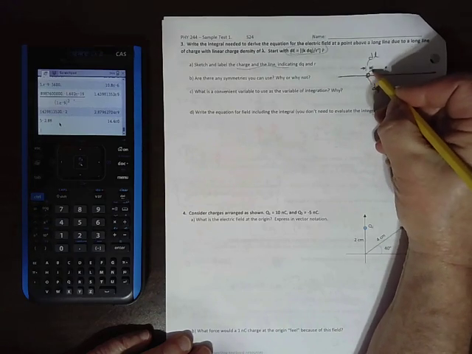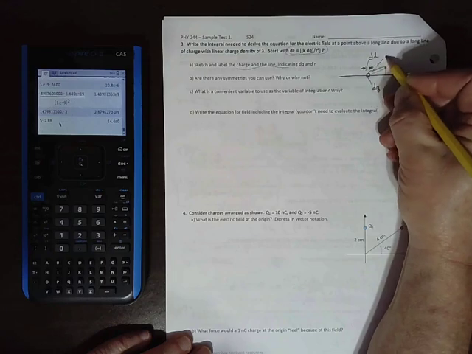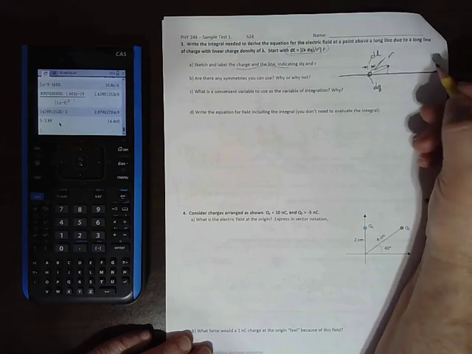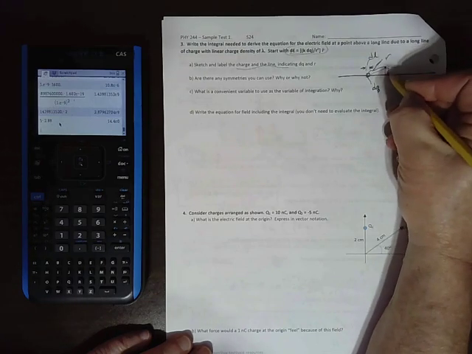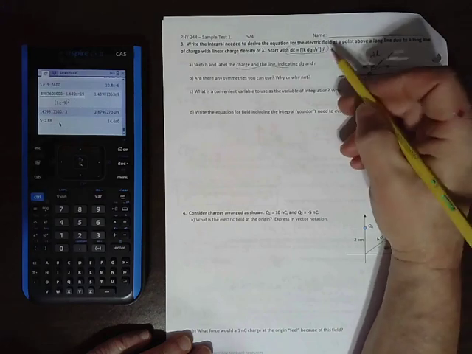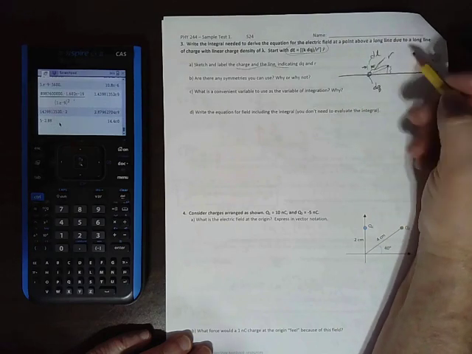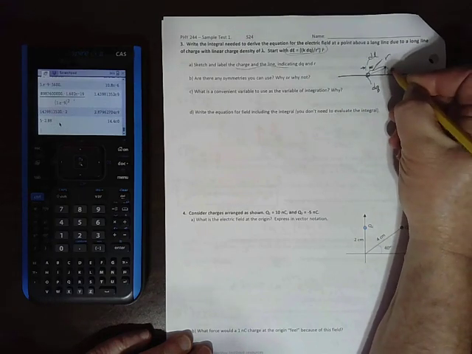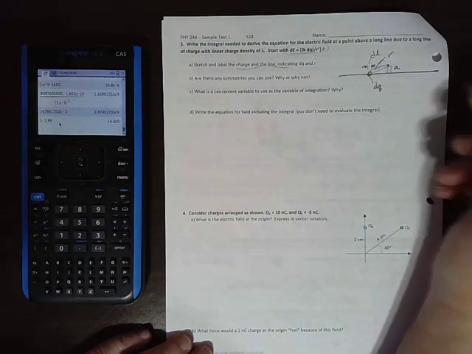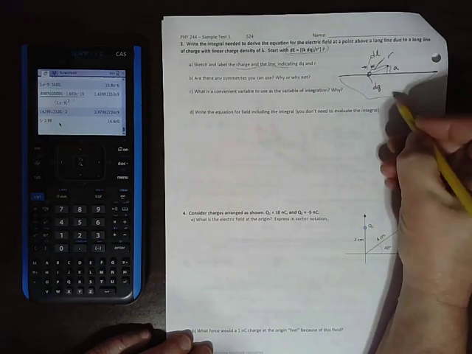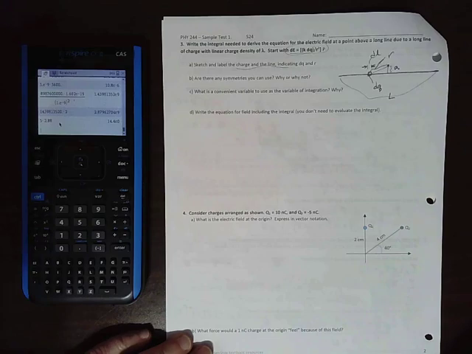So this is r, little r. We could call this distance of the point from the wire a. I don't think it says a name for it. We'll call it a, and if we need it, we can call the length of the line of charge L.